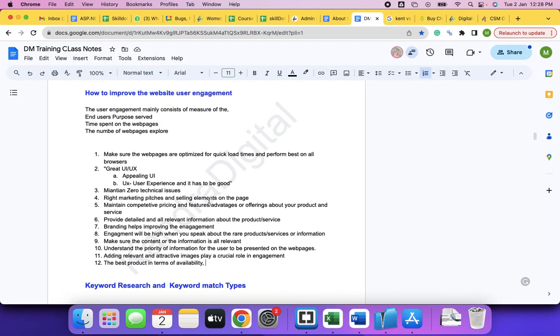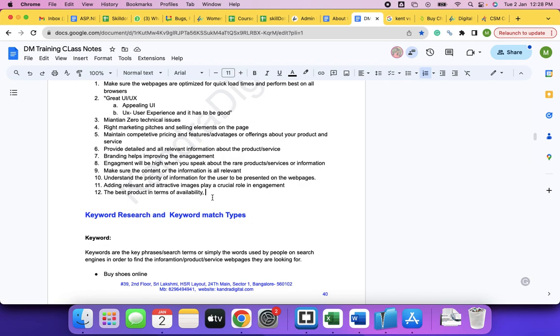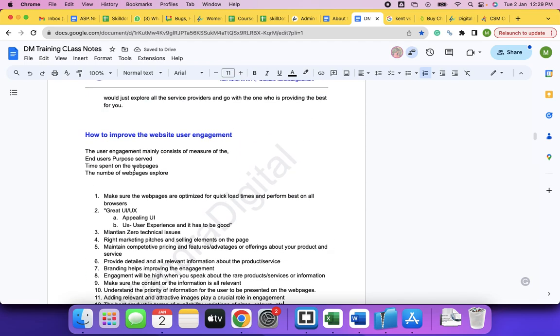Okay, so you all understood how to improve the engagement, right? The best product in terms of availability, variations of sizes, colors, etc. On the top level, we must have the time spent and the number of webpages explored.